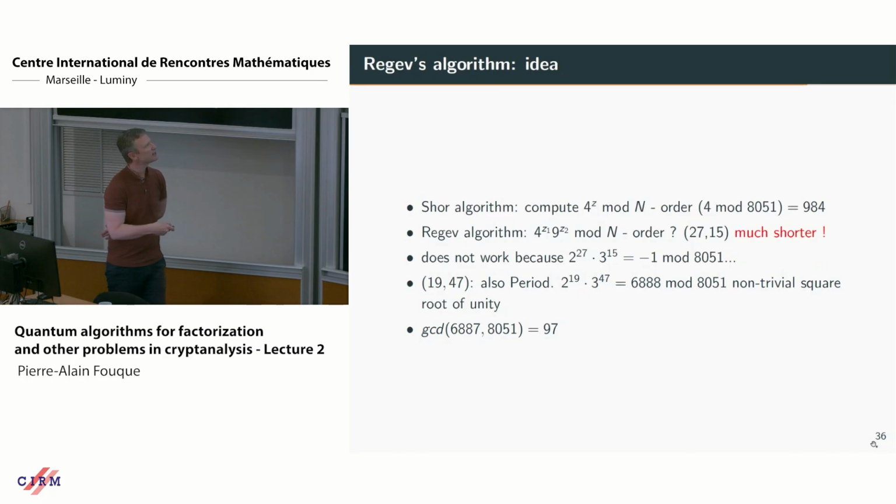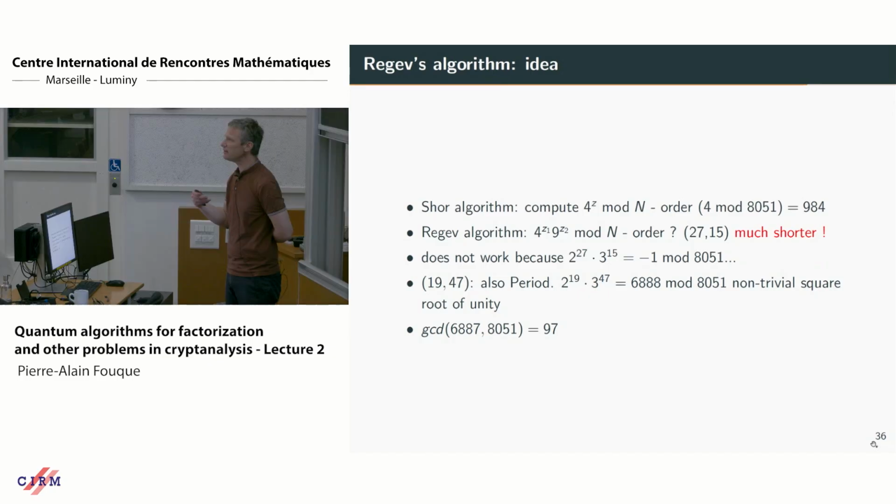Okay? So this is, in fact, a two-dimensional period. So I raised 2 to the power 19 and 3, which is a square root of 9, to the power 47. I compute this value modulo this RSA modulus, and it gives me this value, which is a non-trivial square root of this value.